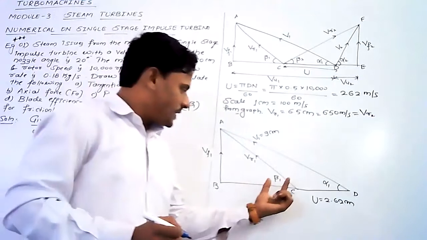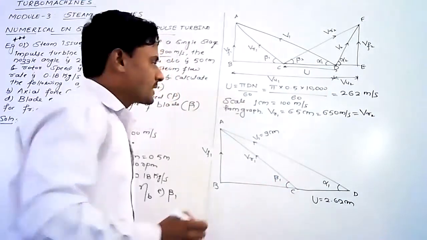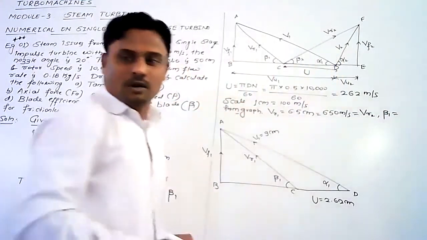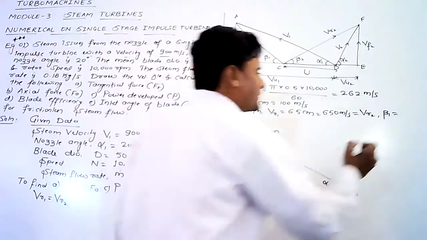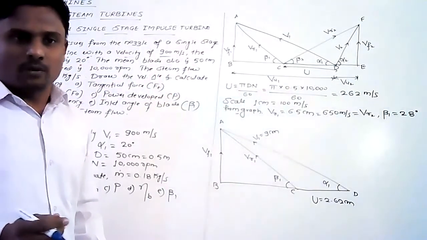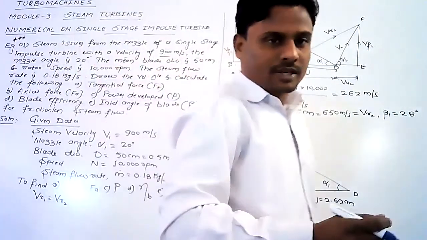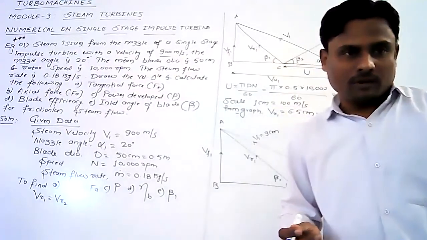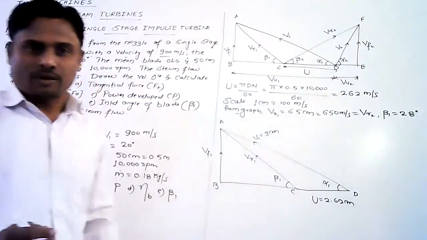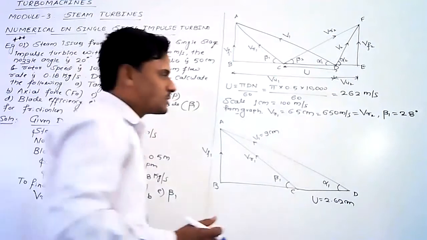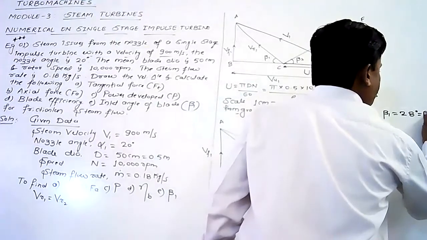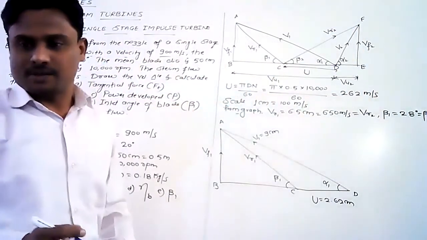Similarly, after measuring the value of beta 1, you'll get approximately 28 degrees. Since the blades are equiangular, as he has given in one of the statements, we are supposed to take beta 1 equals beta 2, that is 28 degrees.